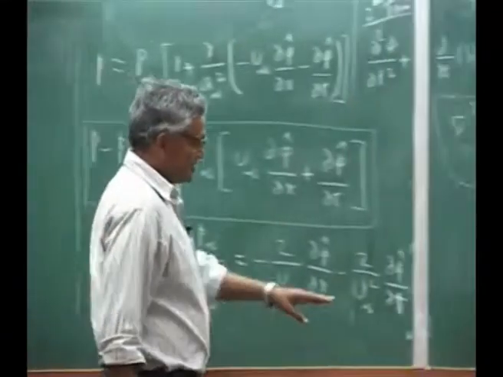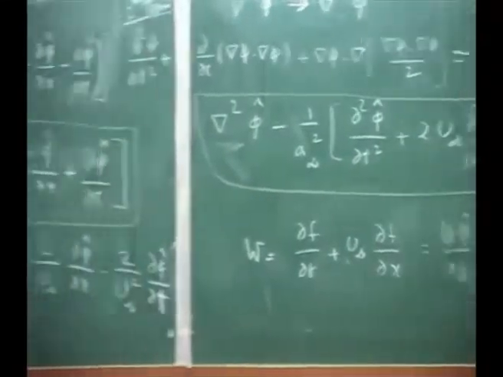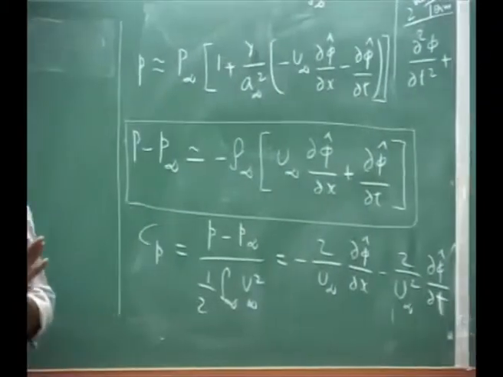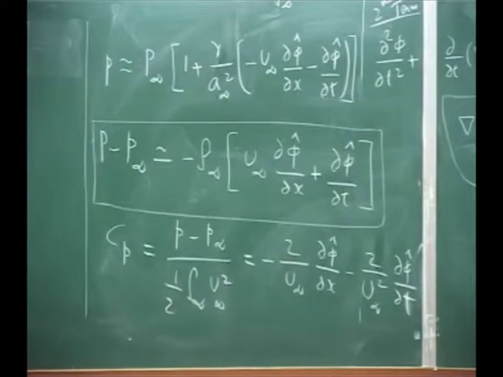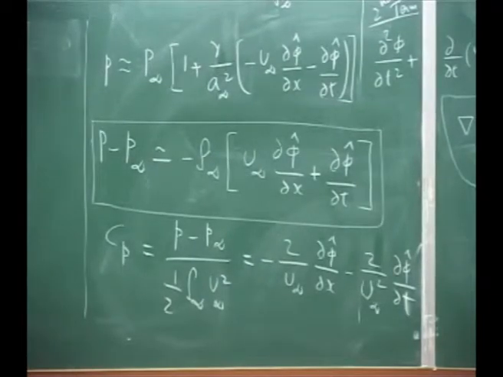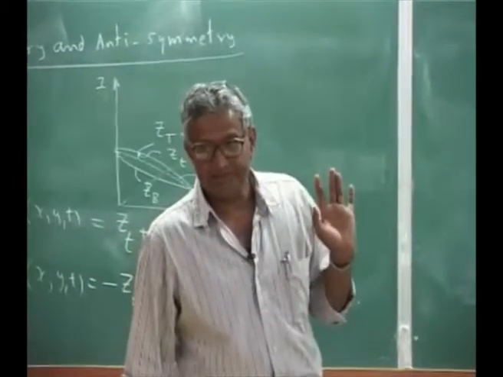Please understand, this is linear, this is linear, this is also linear. There is no non-linearity in the problem. Therefore, I am splitting my problem into thickness case separately, lifting case separately.